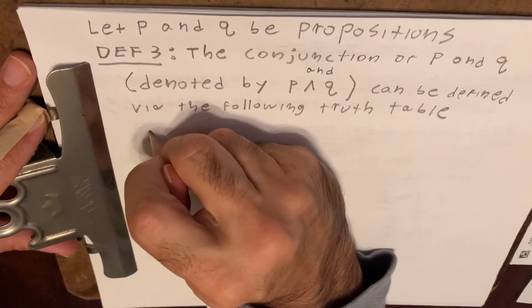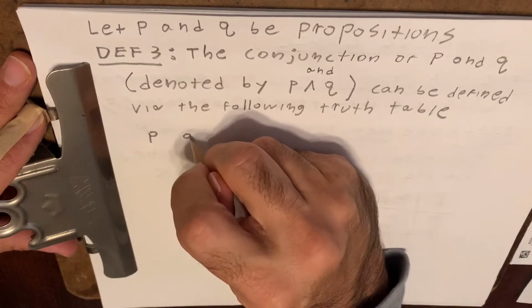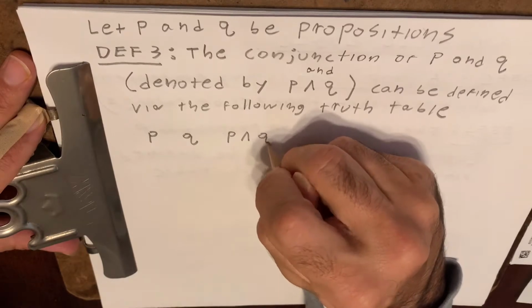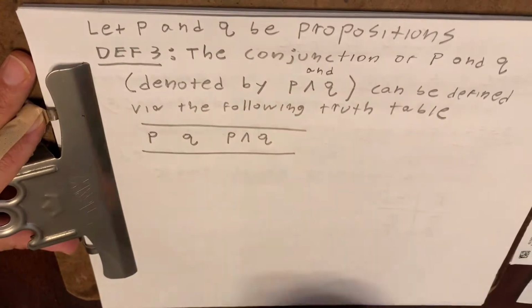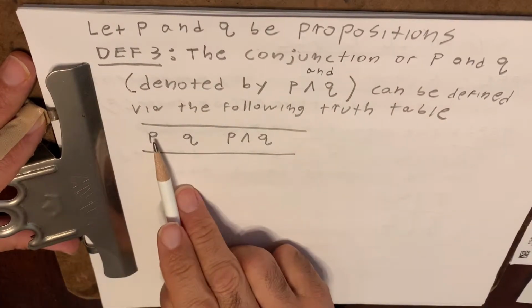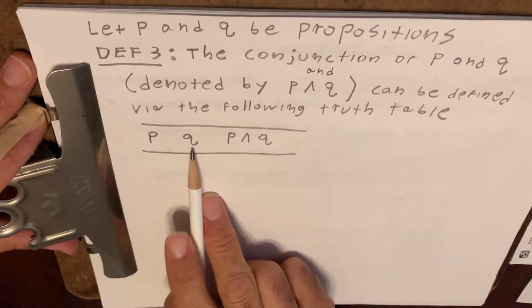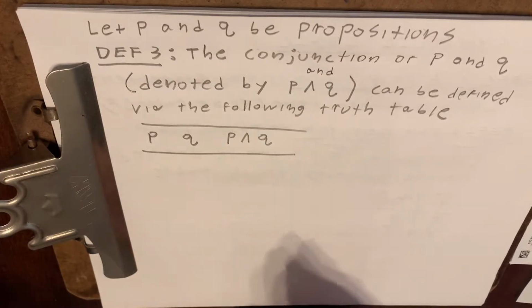So let's make a truth table where we have P, Q, and P and Q. There are two possibilities for P, true and false, and two possibilities for proposition Q, true and false.